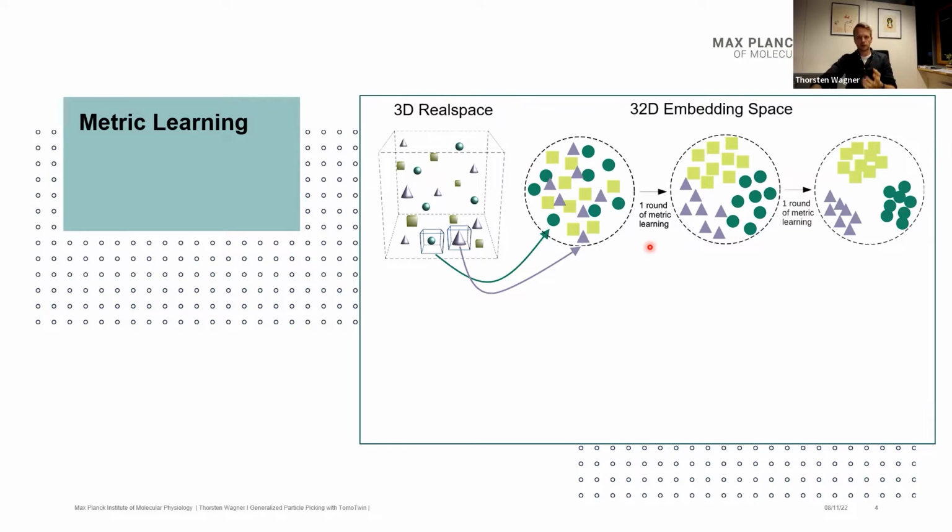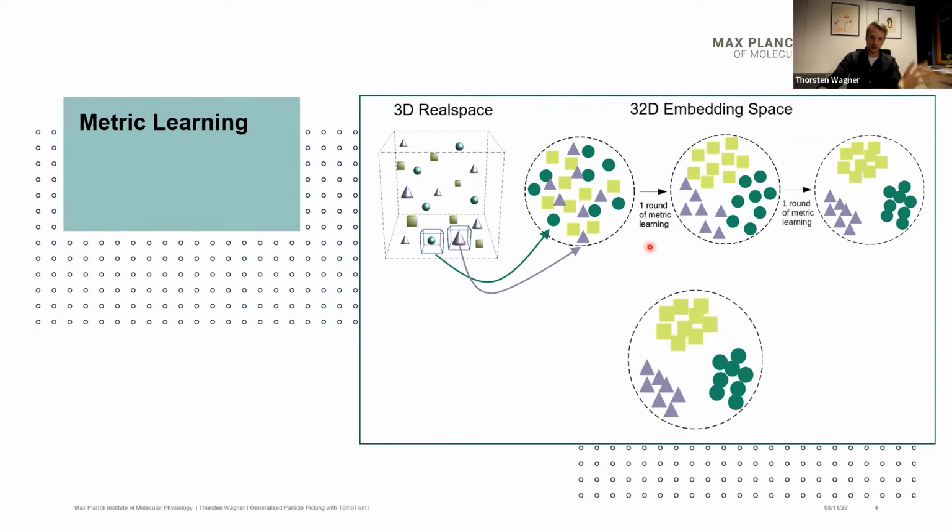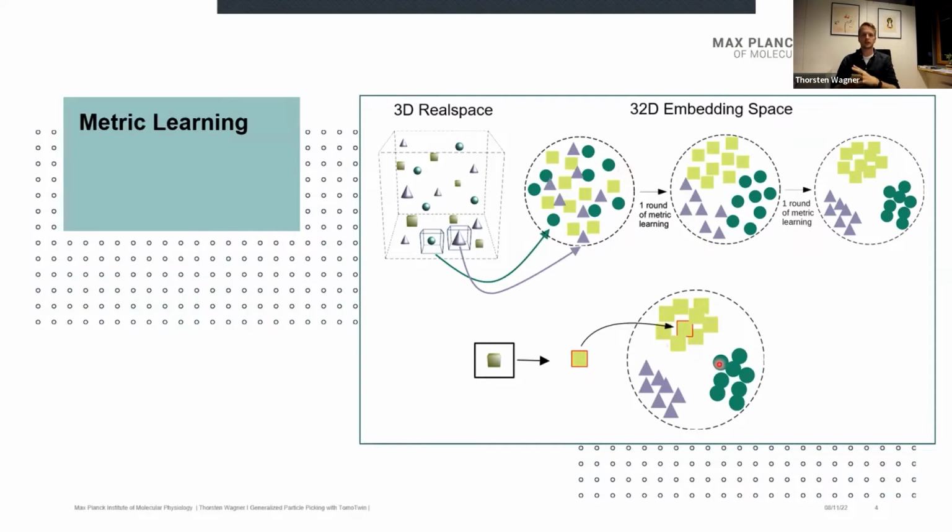Once this is learned, we have two possibilities to find our object of interest. We can either find a single reference of our protein of interest, and then use either a certain thresholding or a nearest neighbor classification to find the remaining ones.